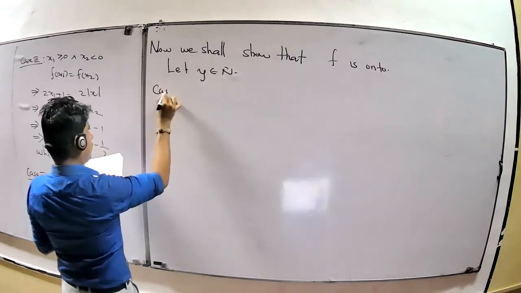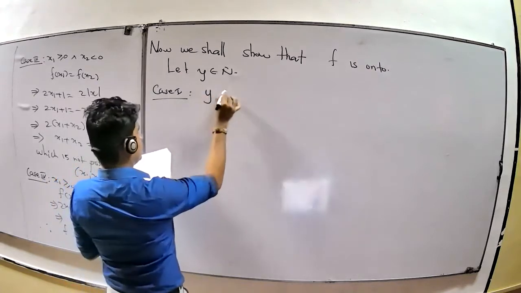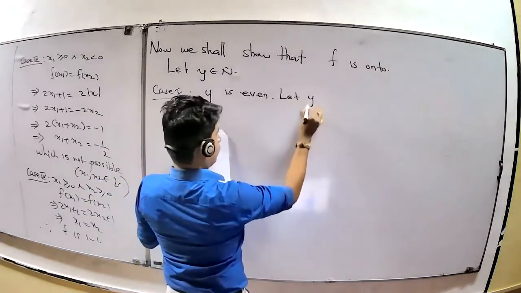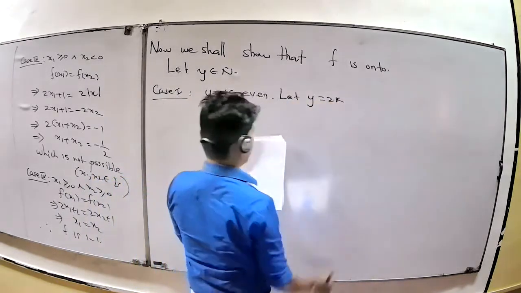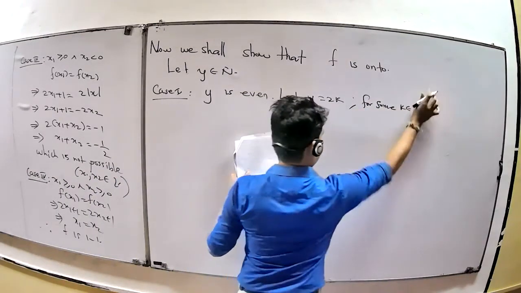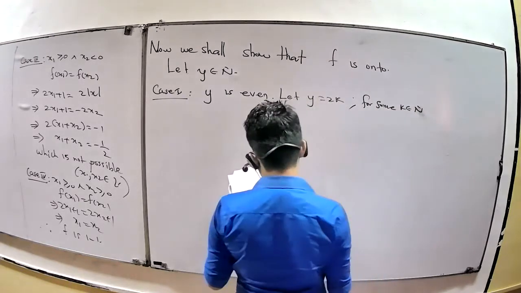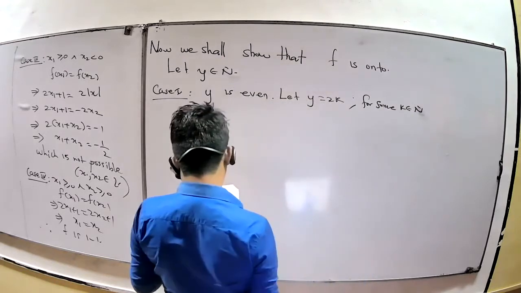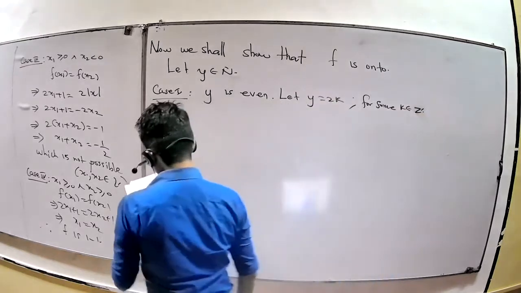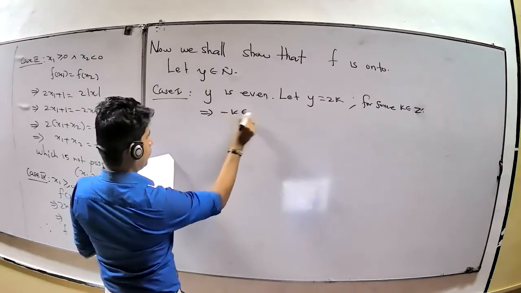There are two cases. Case 1, suppose y is an even number. Then you can write y equal to 2k for some k belonging to the integers, sorry. Therefore, minus k also belongs to the integers, no?